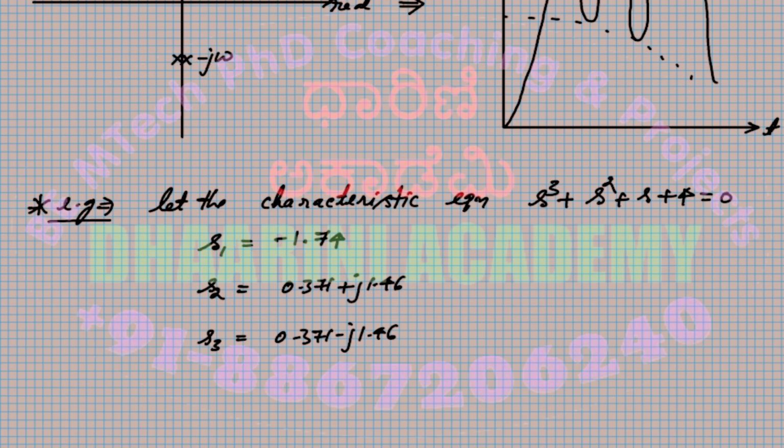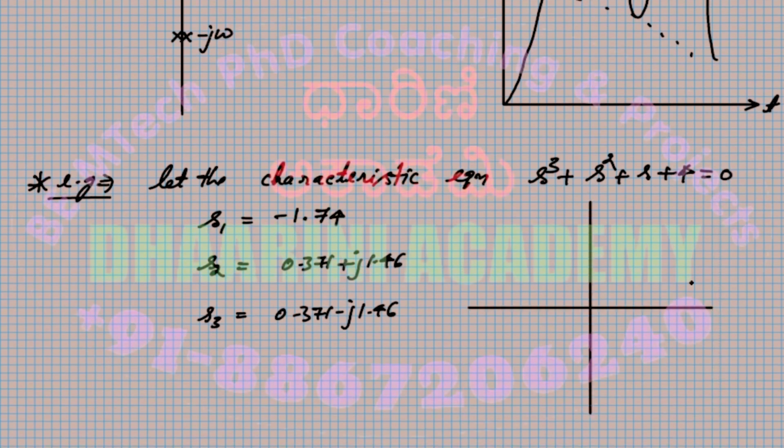If I try to mark them, they're not repeated, okay? One is plus something, one is minus, right? So let me assume this is minus 1.74. That is s1. So where is s2?